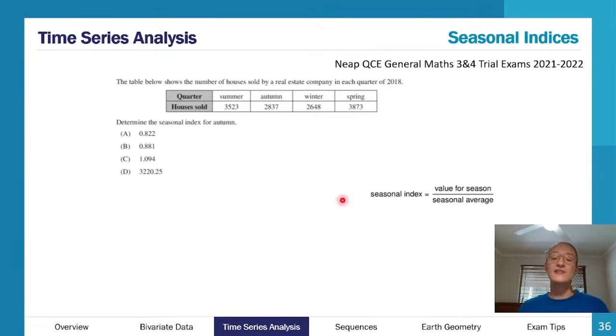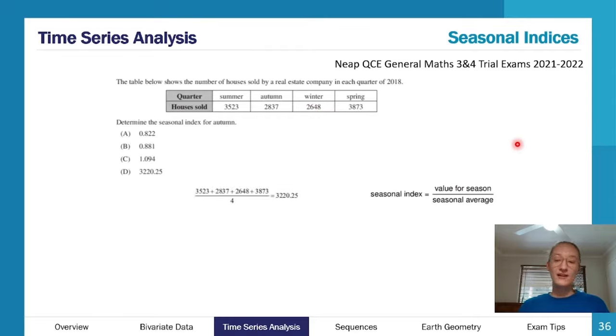To calculate a seasonal index, you take the value for that season and you divide it by the seasonal average. So we'll break that down a little bit further now. Our seasonal index, this is our formula, is equal to the value for that season, which in our case is the value for the season of autumn, divided by the seasonal average, which is the average of all of our other seasons.